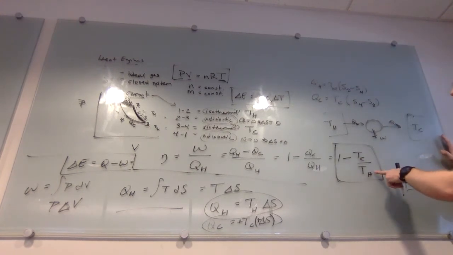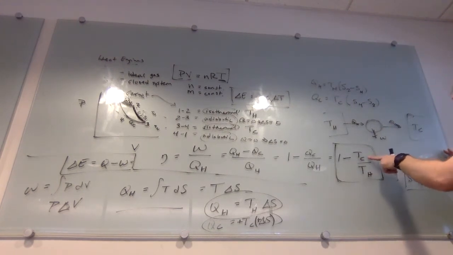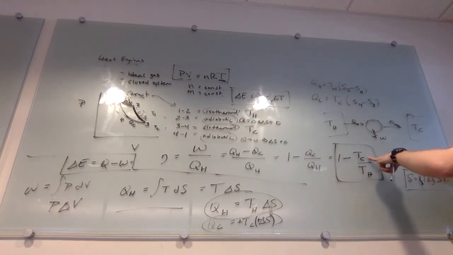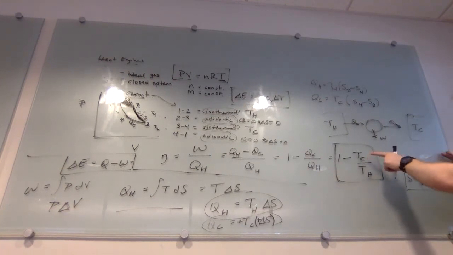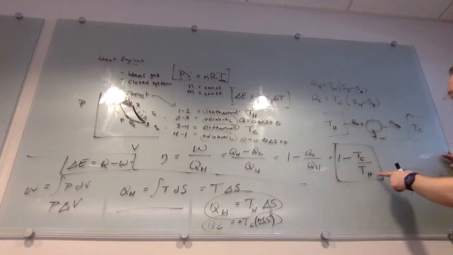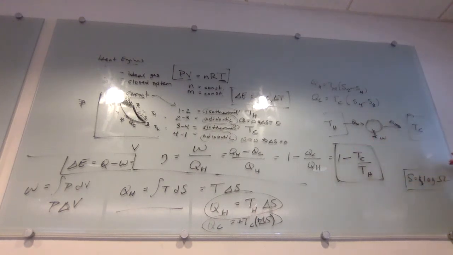So how would you make this really, really efficient? You would have to make the cold one much, much colder than the hot one. If this is absolute 0, and this is anything, then this would be exactly perfectly efficient. So if you're at any finite temperature, let's say your cold thing has to be room temperature, and then they say, how do you make it more efficient?